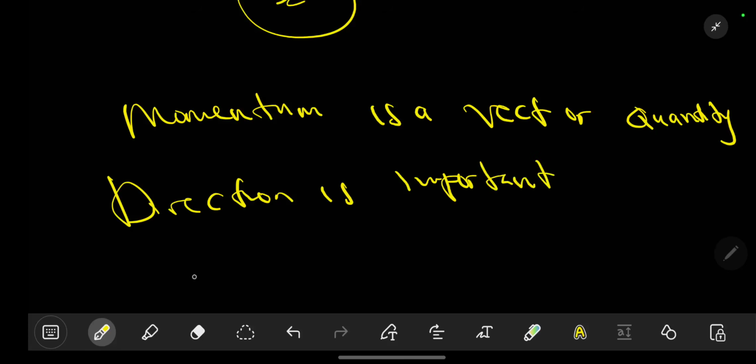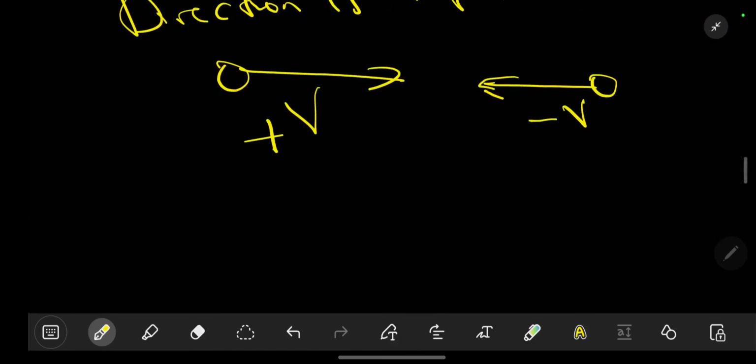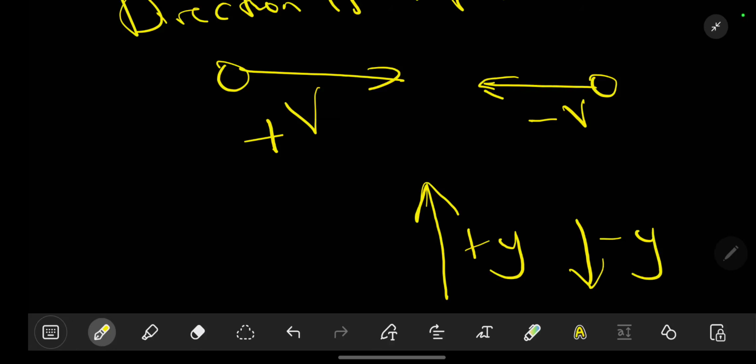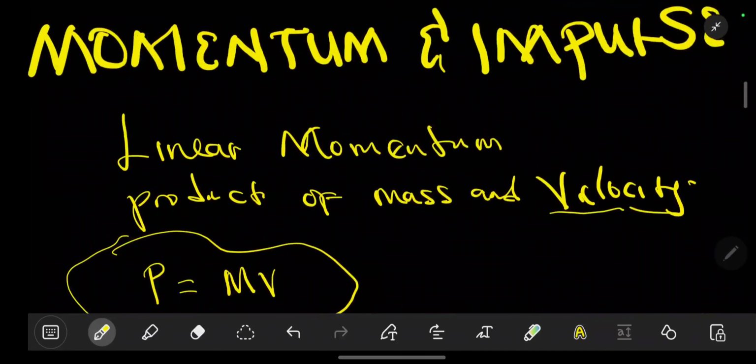If an object is moving in this direction, the velocity will be considered positive, but if it is moving in the other direction, the velocity will be considered negative, depending on how you want to orient. If you want, you can put up to be positive and down to be negative, or you can do it the other way around. As long as you are consistent, the answer will always be correct. So that is what momentum is.